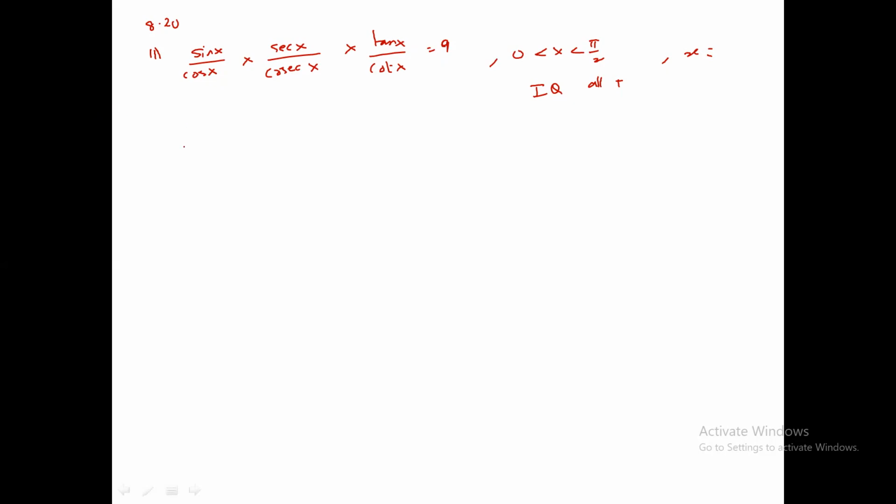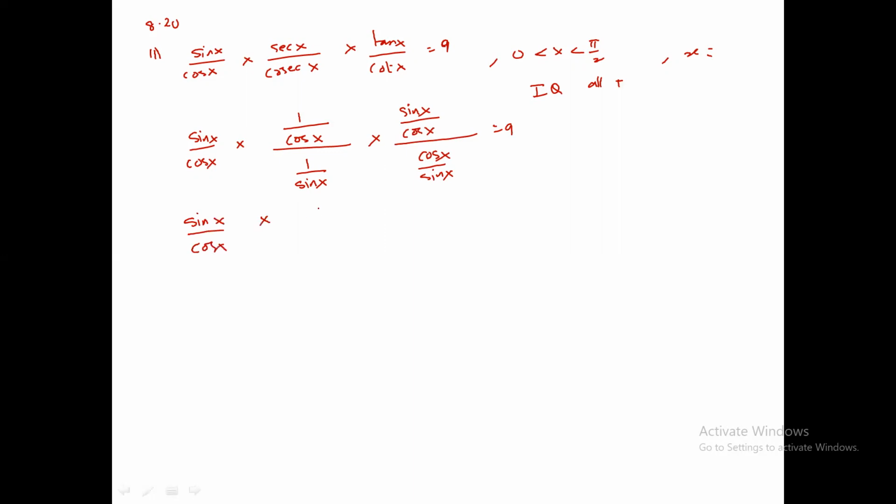So to simplify this, I will take sin x by cos x into secant x, I will write 1 by cos x, cosecant x 1 by sin x, tan x as sin x by cos x, and cot x as cos x by sin x equal to 9. So I can write sin x by cos x into 1 by cos x into sin x by 1.